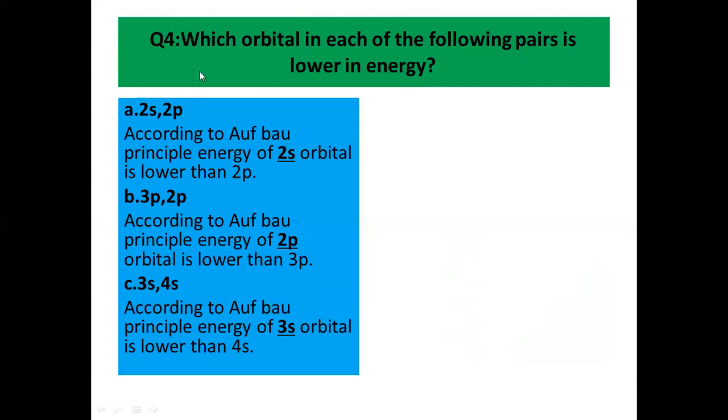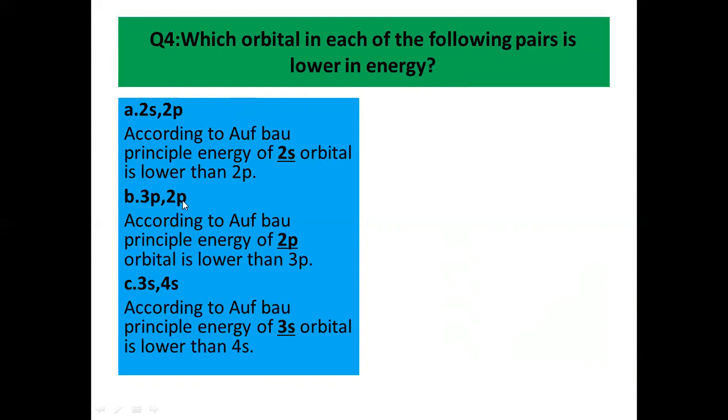Question number 4. Which orbital in each of the following pairs is lower in energy? 2s or 2p? According to our principle, the energy of the 2s orbital is lower than 2p. And 3p and 2p: 3p is in shell number 3 and 2p is in shell number 2.